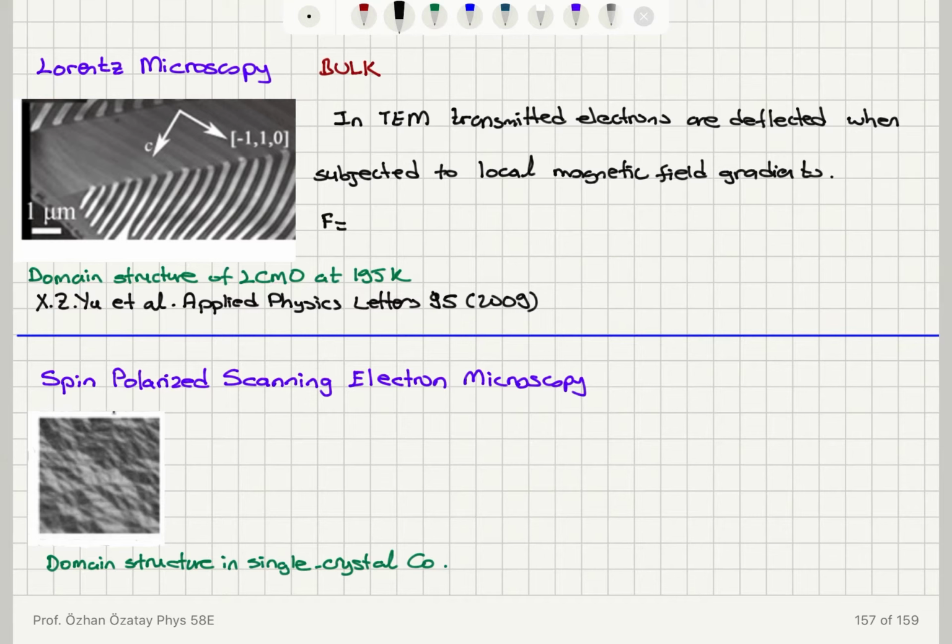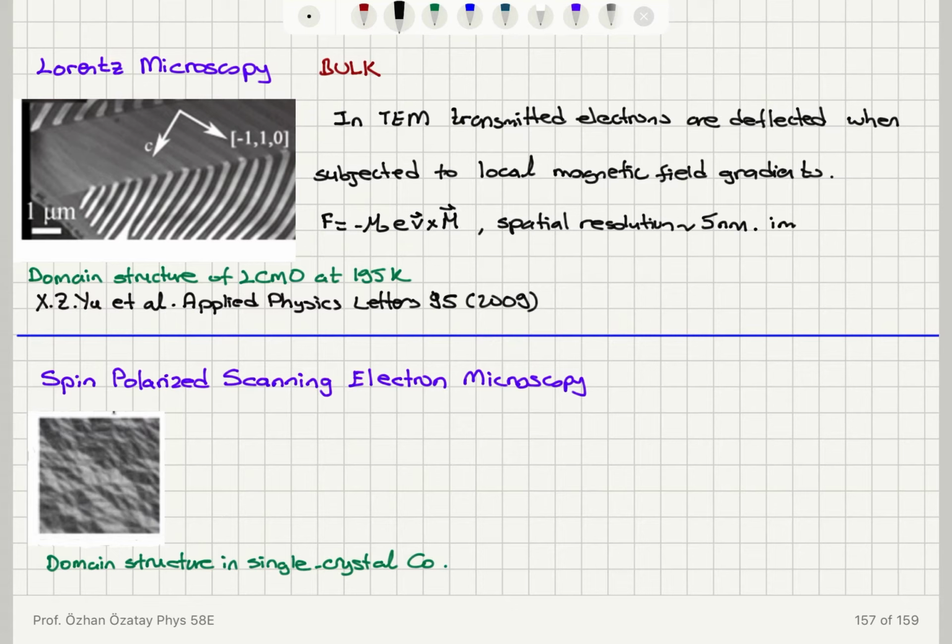The force is the Lorentz force, minus mu0 e v cross M, the magnetization in the specimen. The spatial resolution is typically 5 nanometers. So this is by far the best method to image domains.